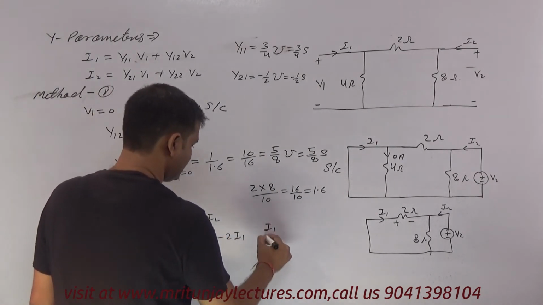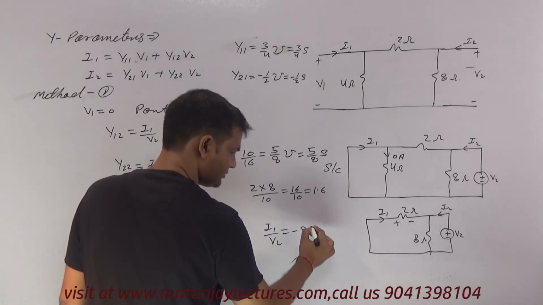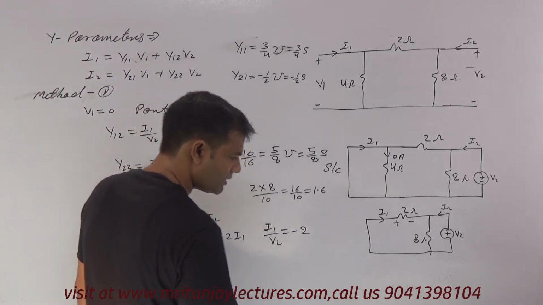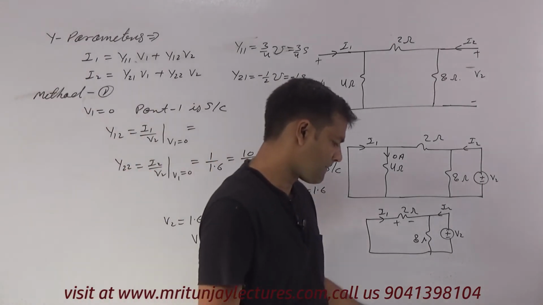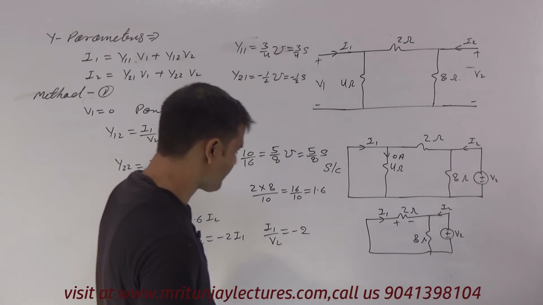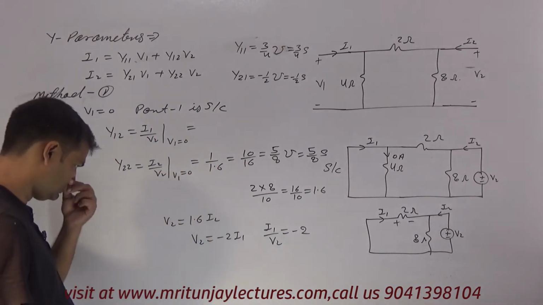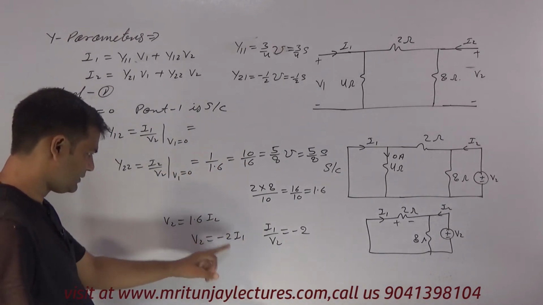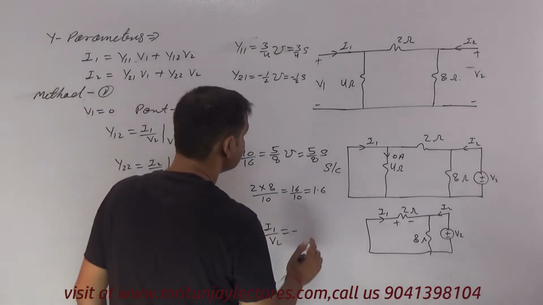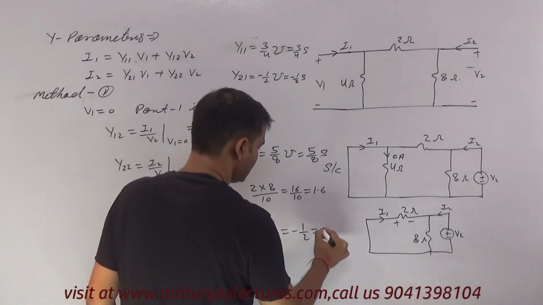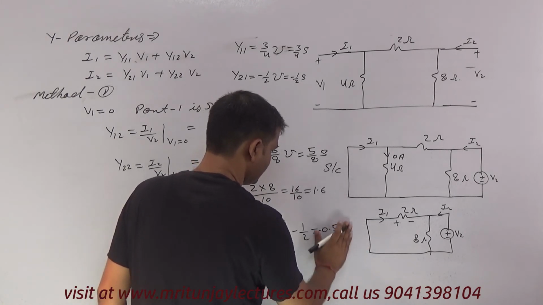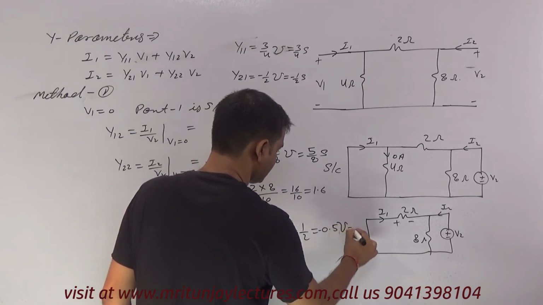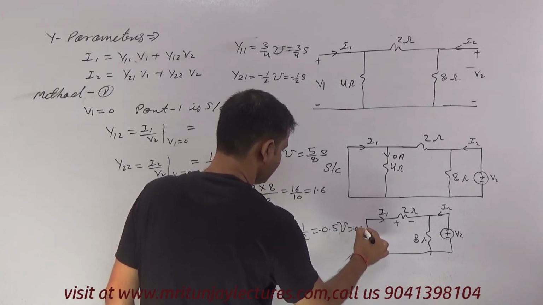So I1 divided by V2, we got minus 1 by 2, or minus 0.5 ohm inverse.